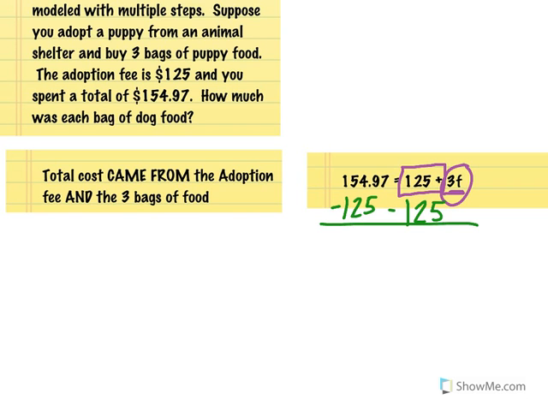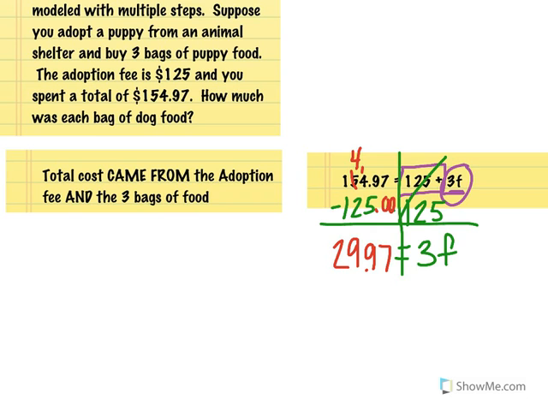So on this side of my equation, I am left with 3F. And on my other side, I'm subtracting: 7 minus 0 is 7, 9 minus 0 is 9, 4 minus 5, I'm going to have to borrow, 14 minus 5 is 9, 4 minus 2 is 2, and I have $29.97.